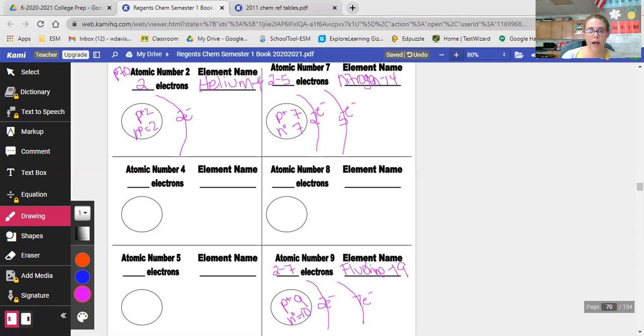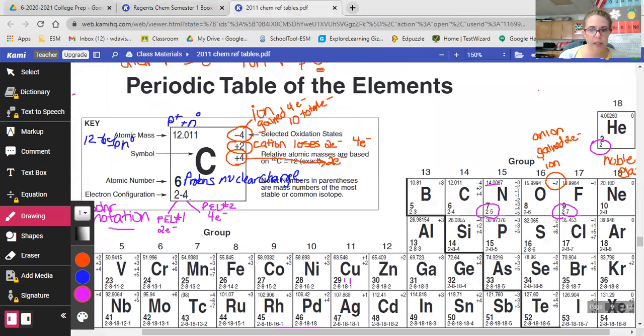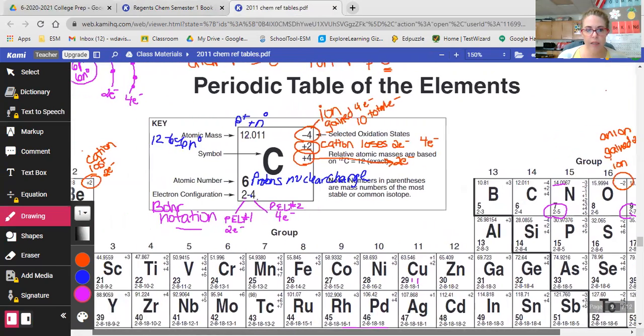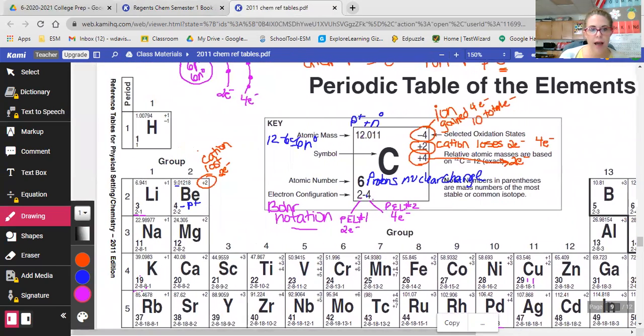Then atomic number 4. Atomic number 4 is beryllium. I'll just do Be for beryllium because I don't feel like drawing it out right now. Beryllium has an atomic mass of 9 and 2-2.